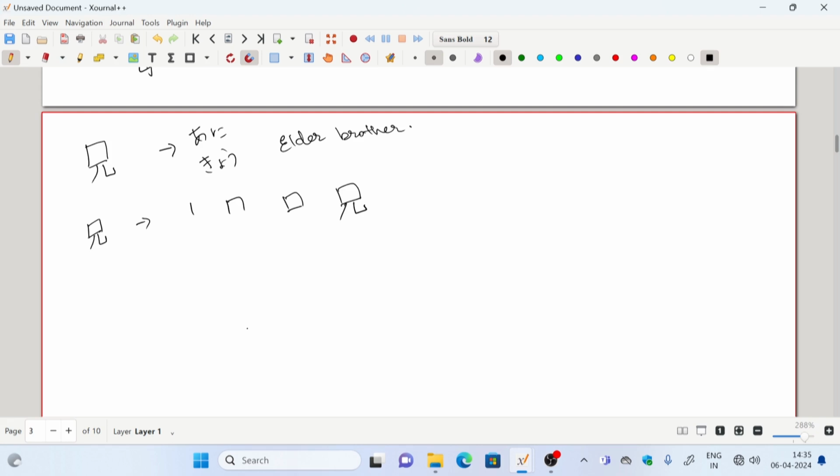Let's use it. If I say my elder brother is playing badminton, it will be ani wa badminton. That is for badminton.